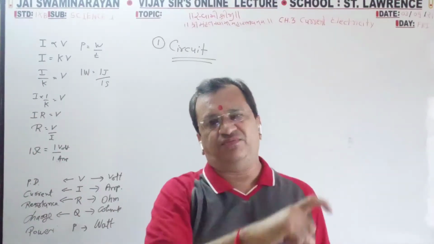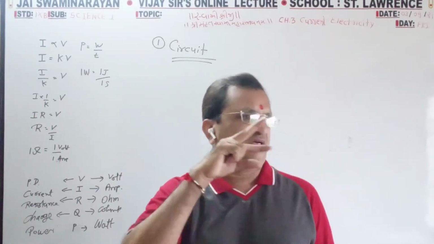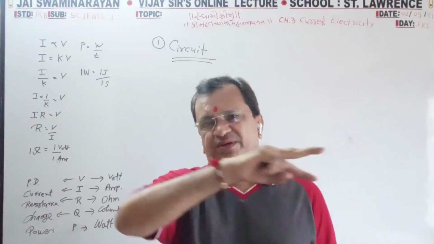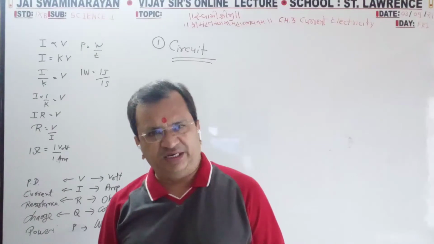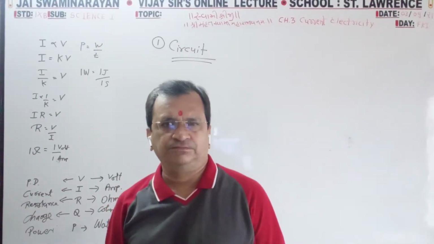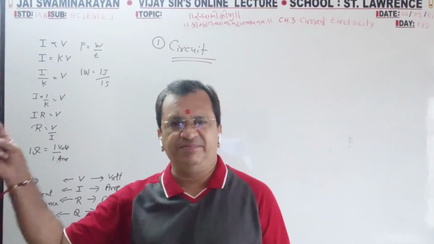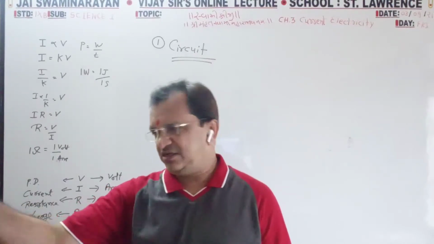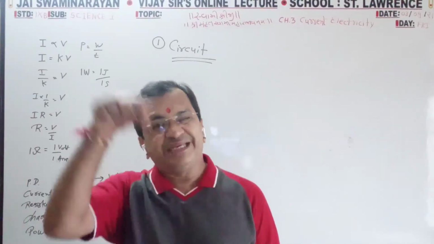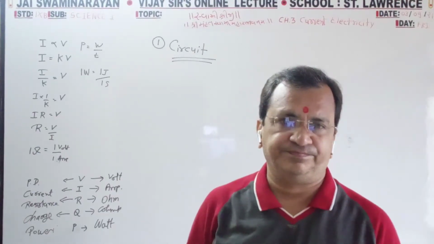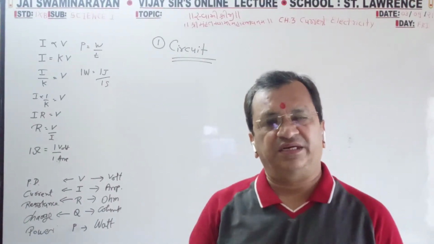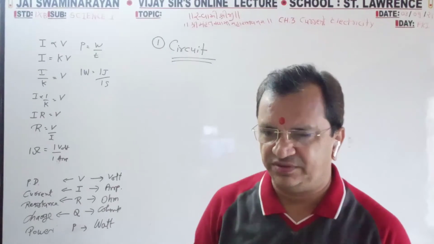Suppose I want to glow a bulb, so I will take two terminals and join them to the bulb, and those two terminals will go to the socket. There is a positive and negative, meaning it will work as a battery, conducting wire, bulb. In between we need one switch, on off, but in a circuit that much is not enough.